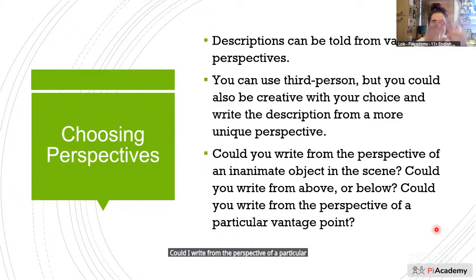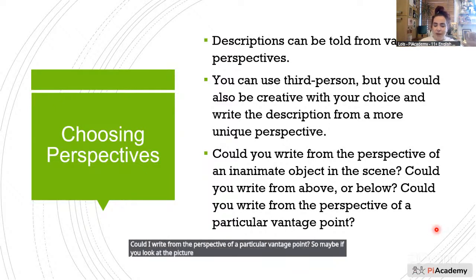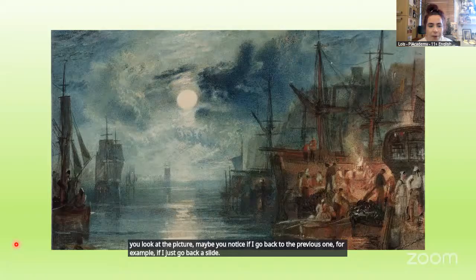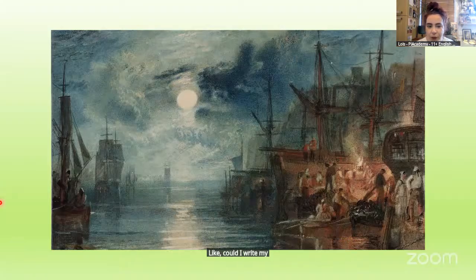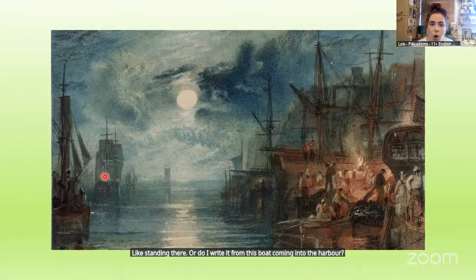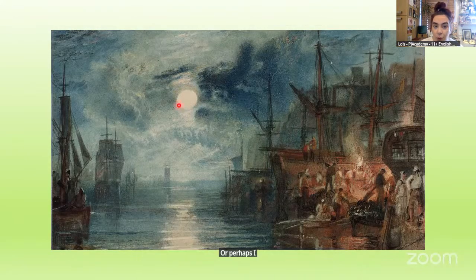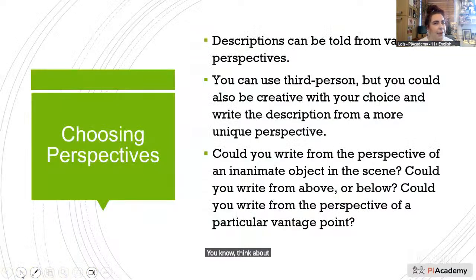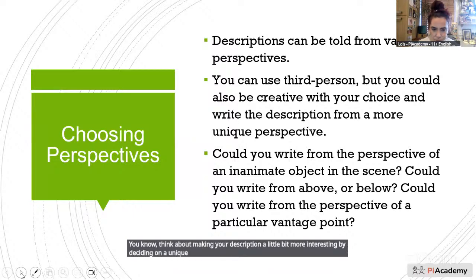If I go back a slide, for example, could I write my description from being on top of this boat here, standing there? Or do I write it from this boat coming into the harbour? Or perhaps I'm writing from the perspective of the moon up in the sky. Think about making your description more interesting by deciding on a unique vantage point.